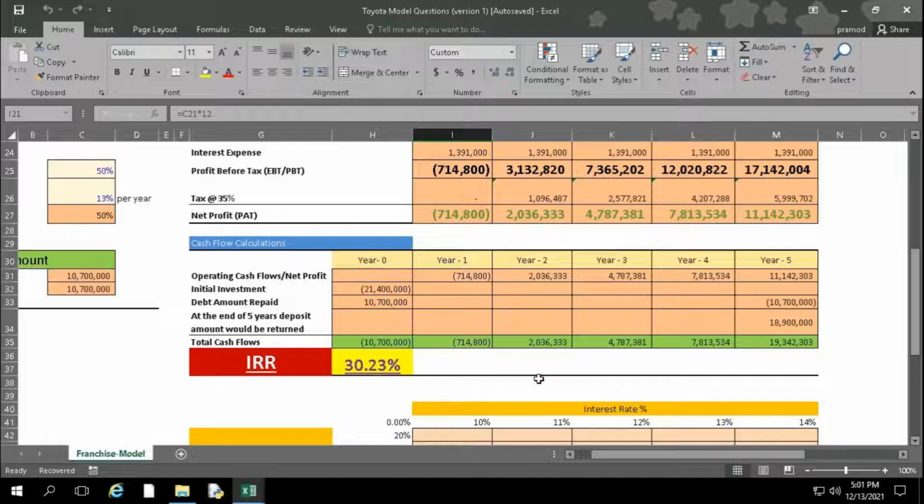So for the debt amount raised, in the last column we have to give that minus thing, sir. Minus 10 lakh 70,000, debt amount. Yeah, correct. Okay, sir. Then at the end of 5 years, the deposit amount would be returned.